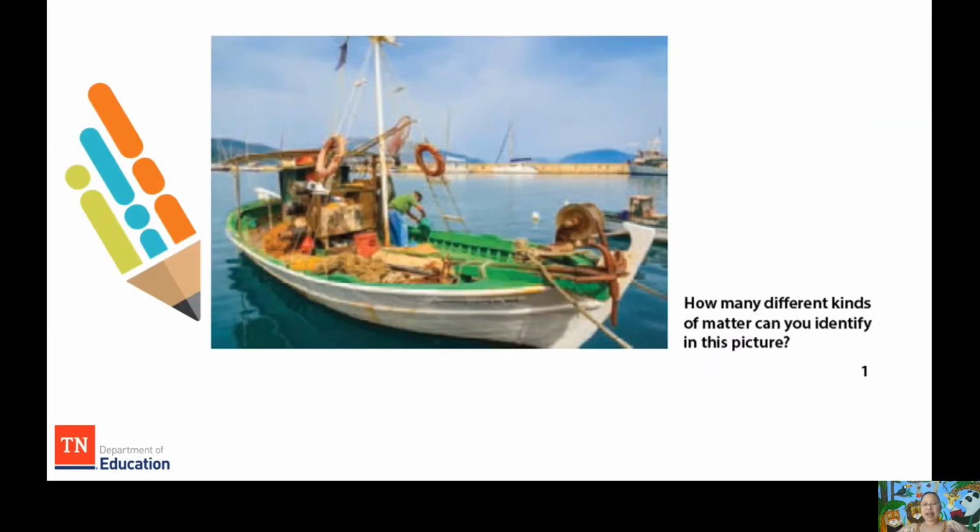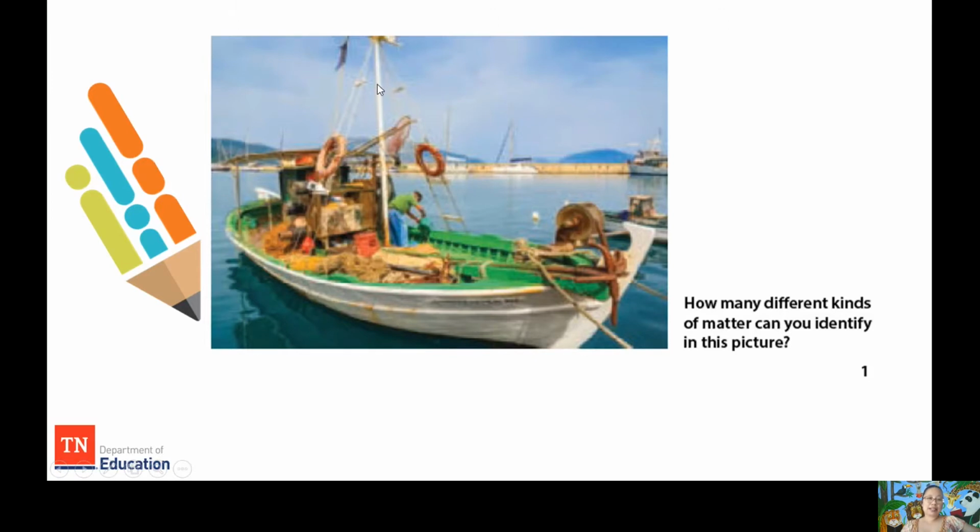How many different kinds of matter can you identify in this picture? Take a moment, see what you see. We can certainly name many different kinds of matter in this picture. For example, here's the rope. That's made of matter. Here's a rope here, there's some rope there.